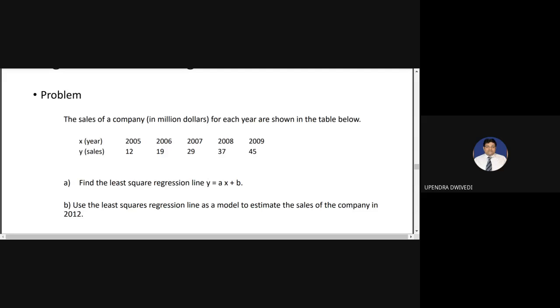Please reply with your response. Write what will be the values of a and b.